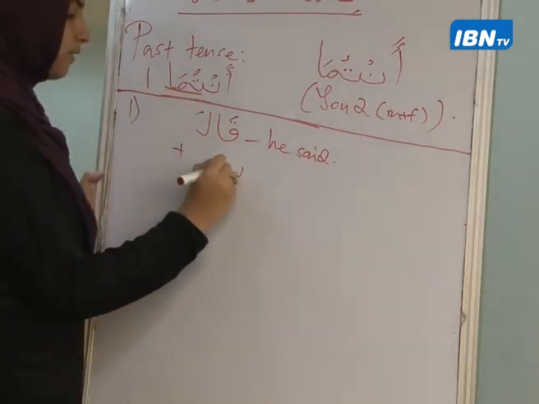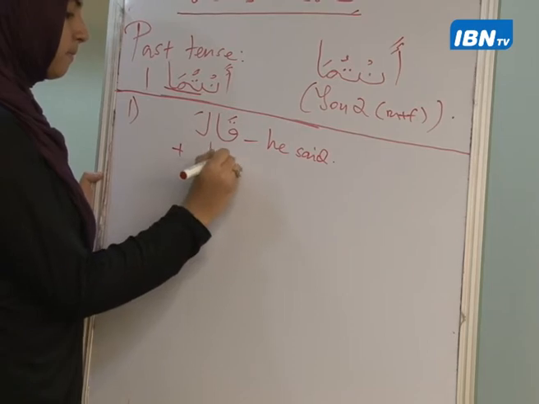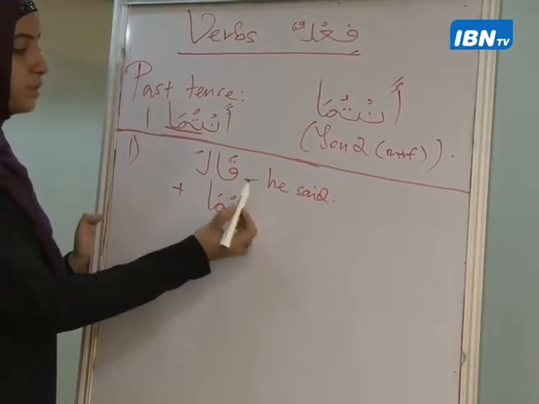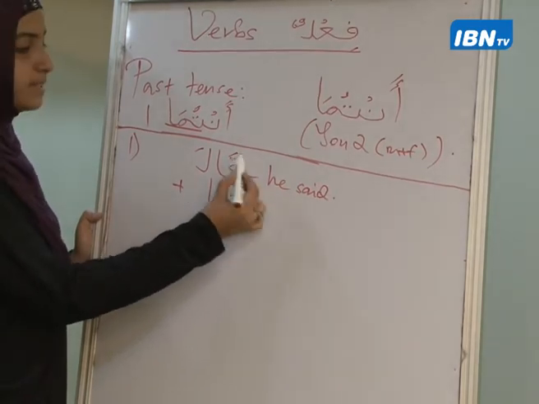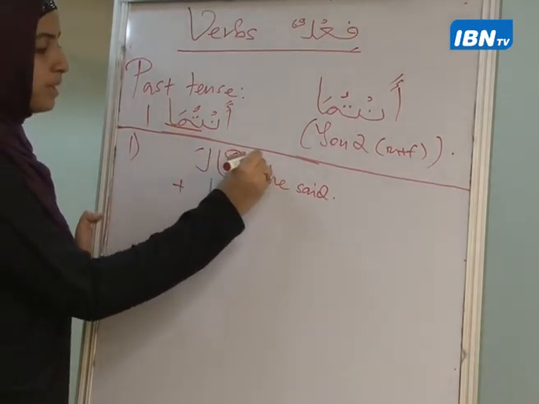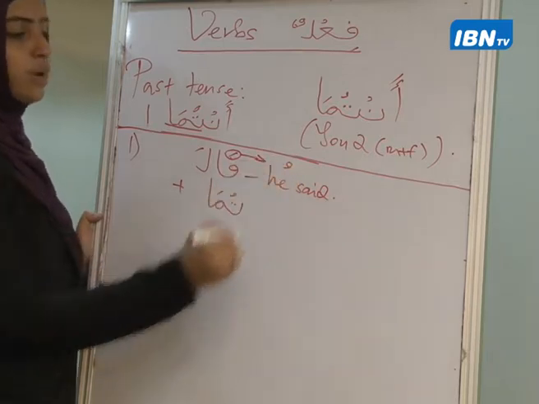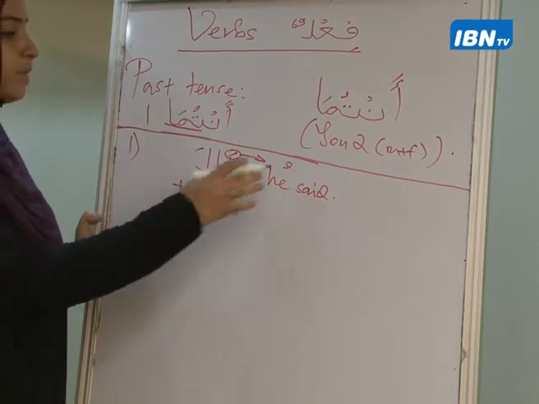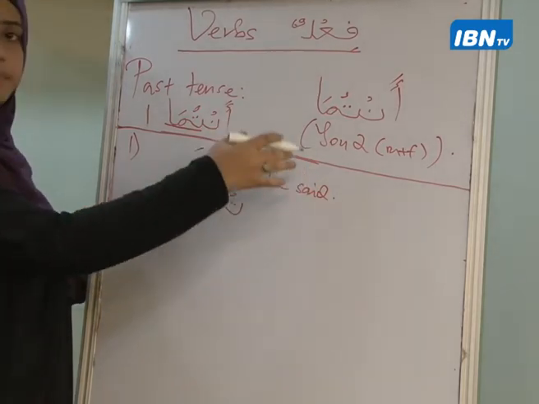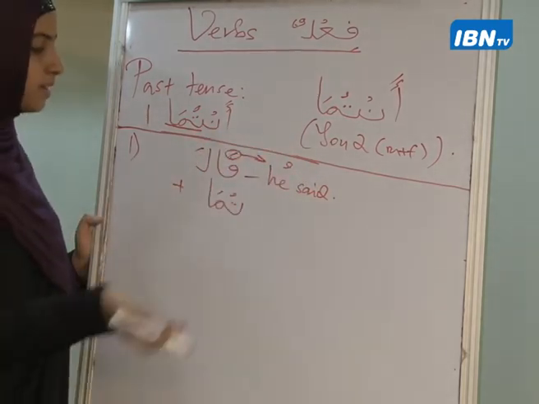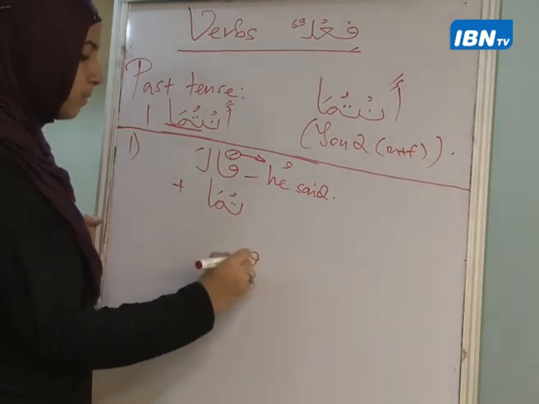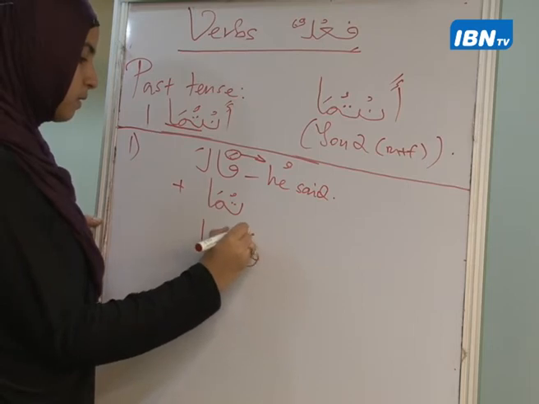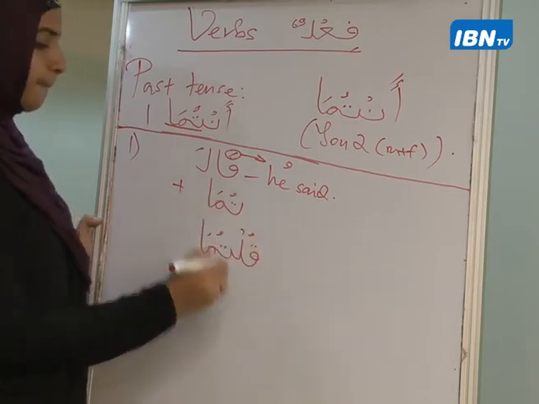But what changes here is that this fatha will change into a damma. While I change it into antuma, it will become damma. Because it changes, that makes it a special case. So it becomes qultuma.